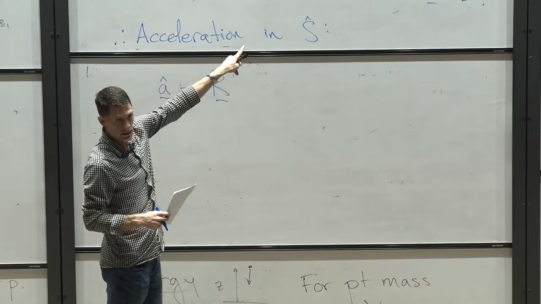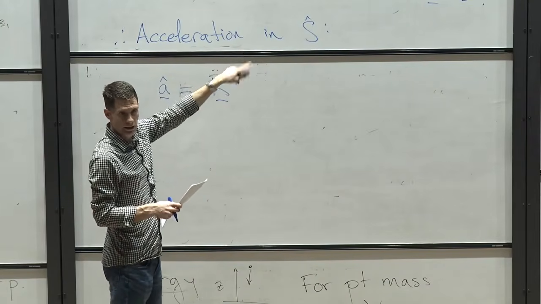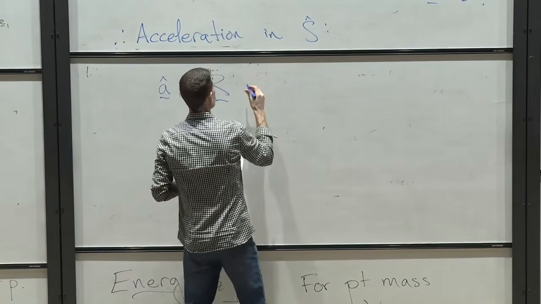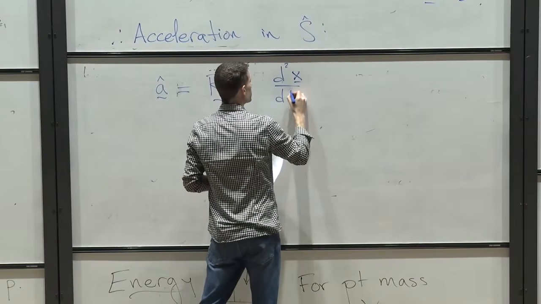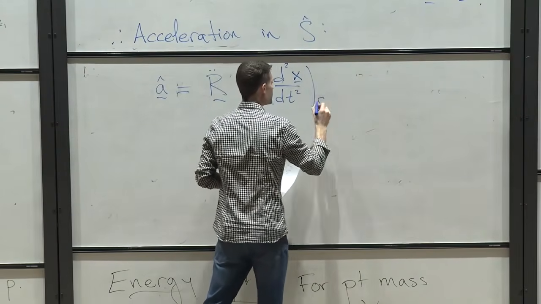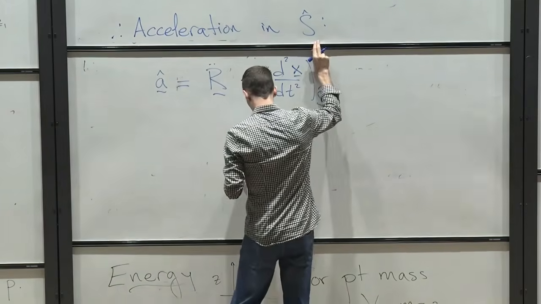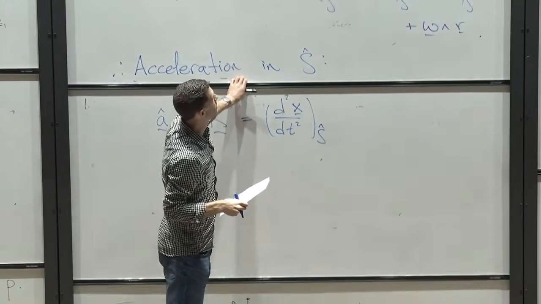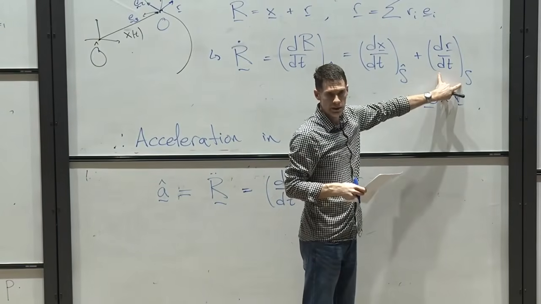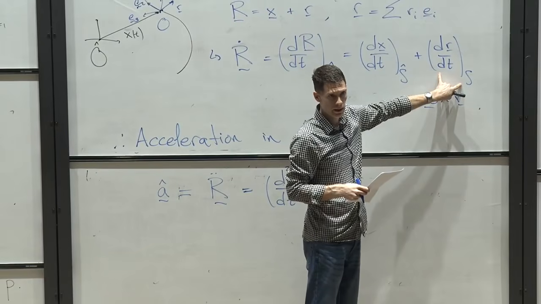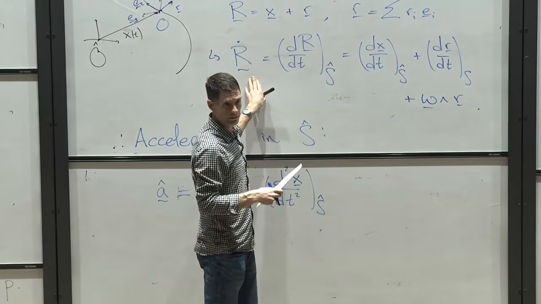On the one hand, the x is really just measured from here. So if I take derivatives with respect to t of that x, it just carries straight through. So I get a d squared x dt squared in the S hat. And if I think about taking a time derivative of this guy, it's really just doing this exact operation over again, right?